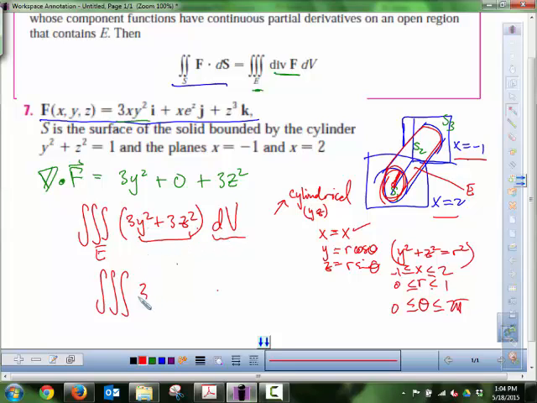So this is 3r squared, and then we have that extra r from the dv. If I integrate with respect to x first, I'll have dx from -1 to 2, and then dr from 0 to 1, and then d theta from 0 to 2 pi.